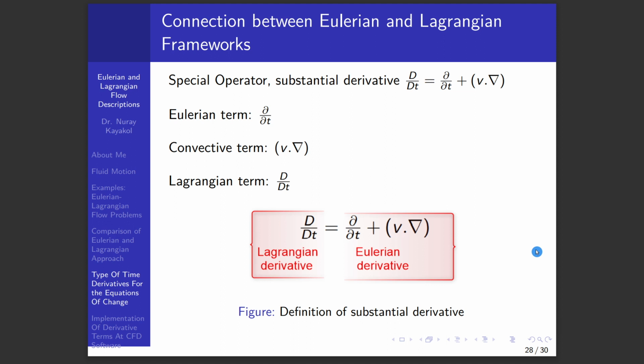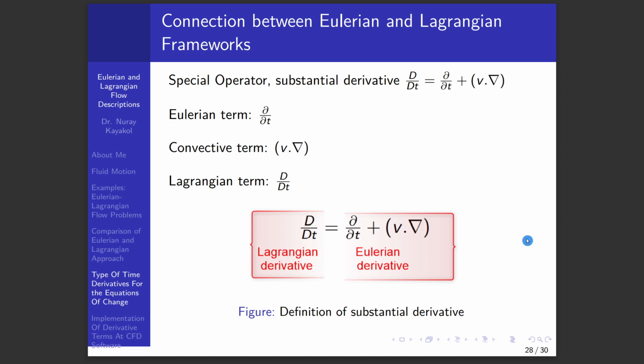The other terms are the Eulerian derivative, del phi over del t, or this V dot nabla or V dot del operator. Some people call V dot del a convective term because you multiply the partial derivative of the variable with respect to coordinates with the fluid flow velocity. That's why it's called convective, because of this velocity term.